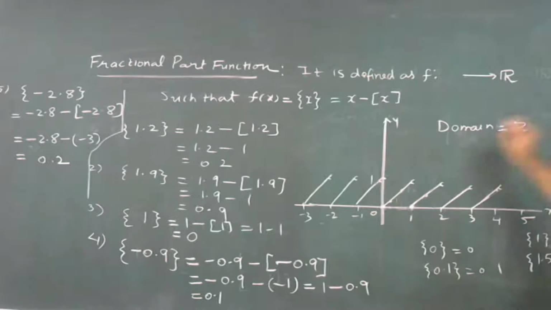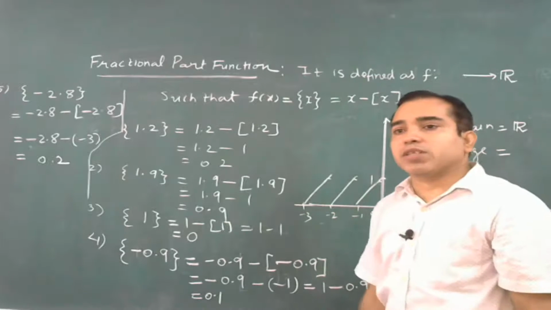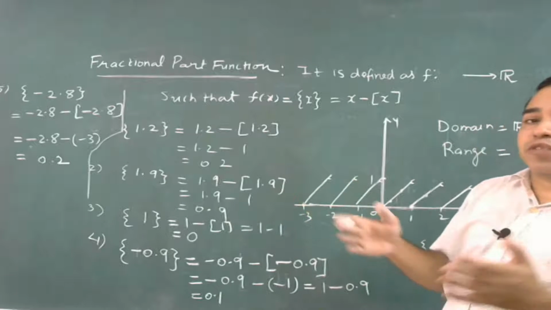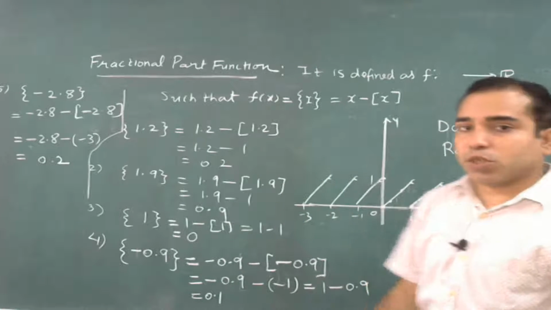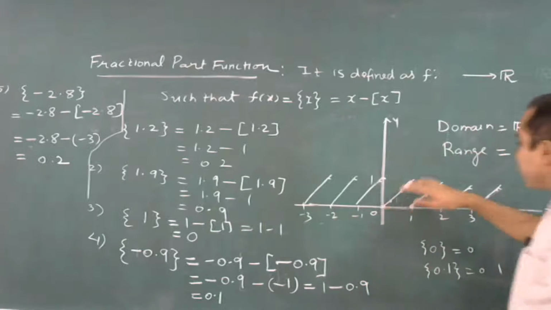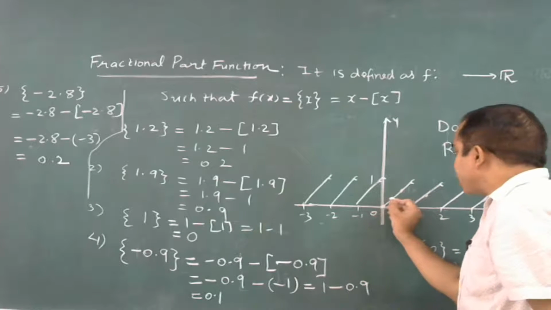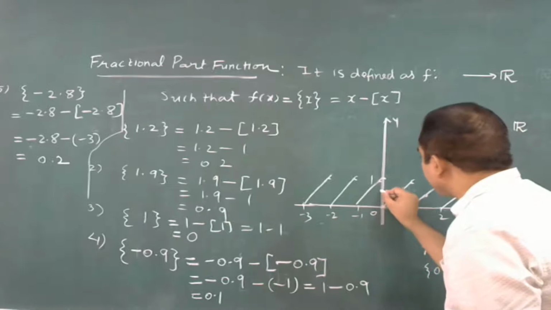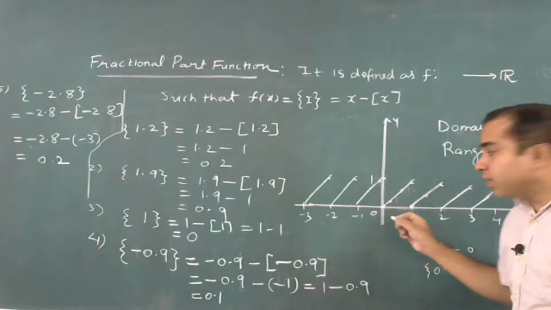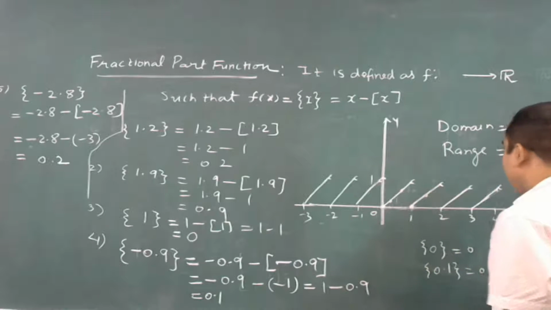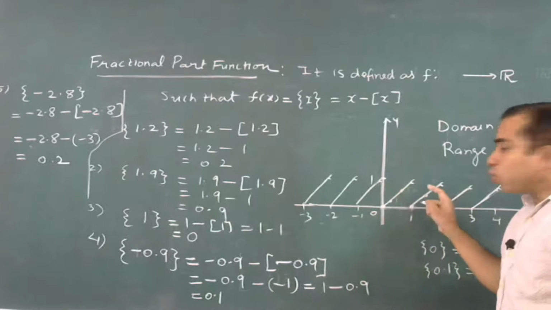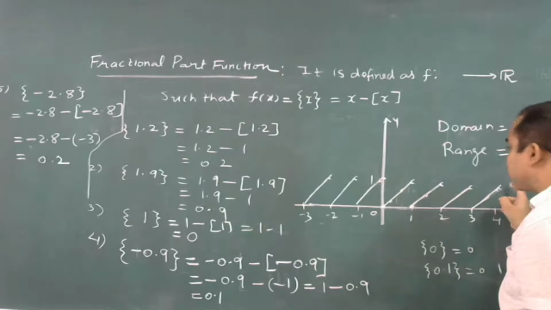Correct? Range. Is there anyone who can tell me what the range is? Drop the perpendiculars from the points of the curve on the y-axis. These are the points. Drop the perpendicular on the y-axis. So this part of the y-axis will be covered. Whether 1 will be covered, you see this empty circle here. There is no point on these tips.